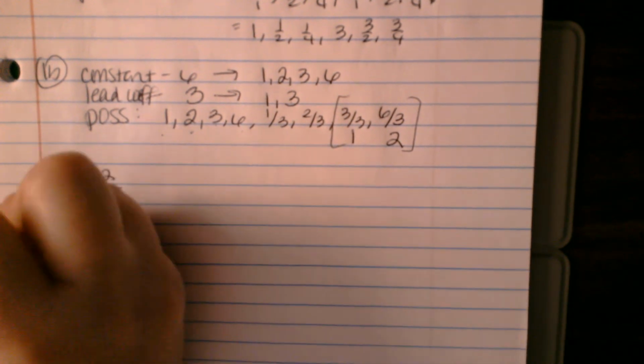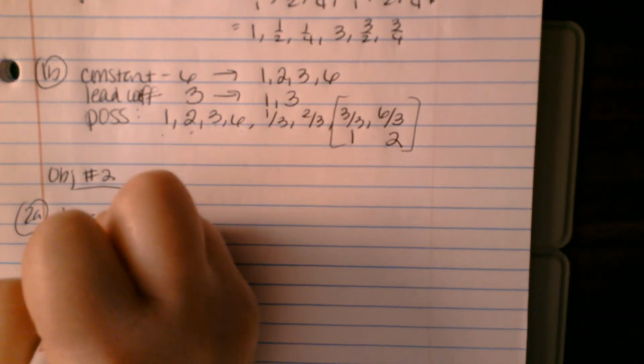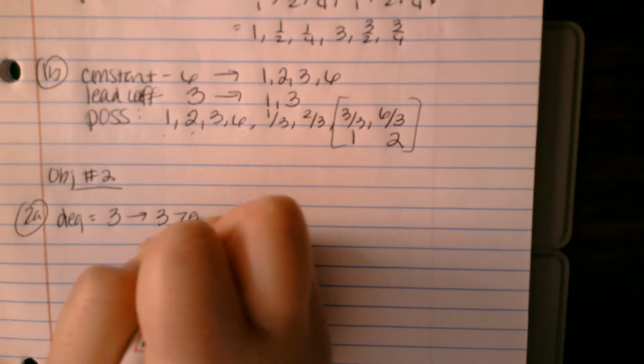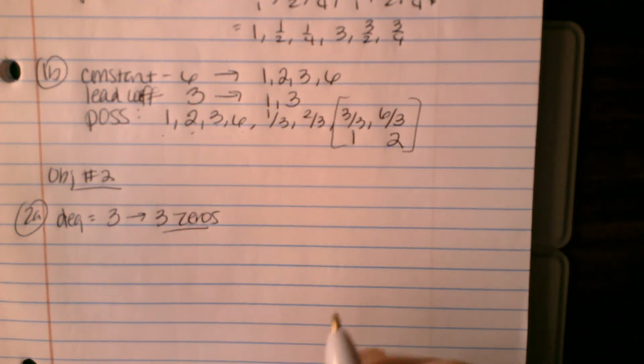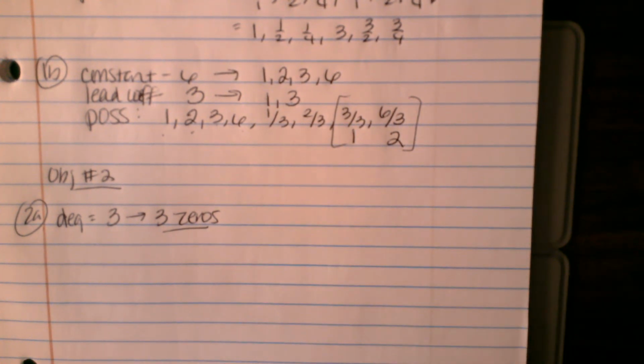If we think about the degree, the degree of this one is 3, which means there are going to be 3 zeros. If we want to find all 3 zeros, we need to have somewhere to start, because if we wanted to try to factor by grouping, it just doesn't work. So we do have to do something.